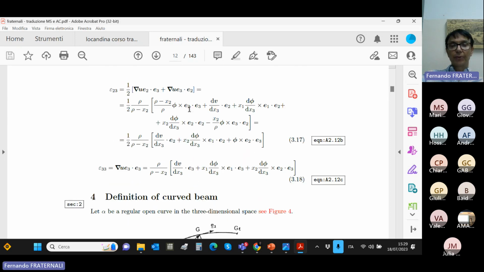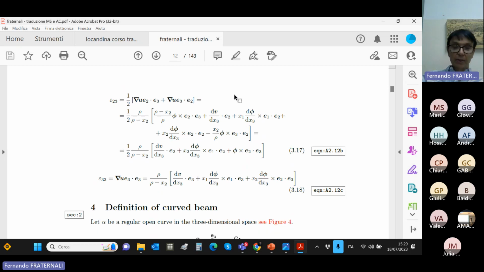And these are the three components. The other components are zero because we are assuming a rigid displacement field of the cross section, which implies that epsilon 1,1, epsilon 2,2, and epsilon 1,2 are zero.